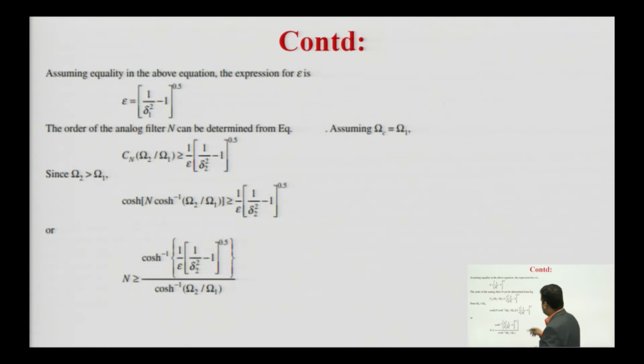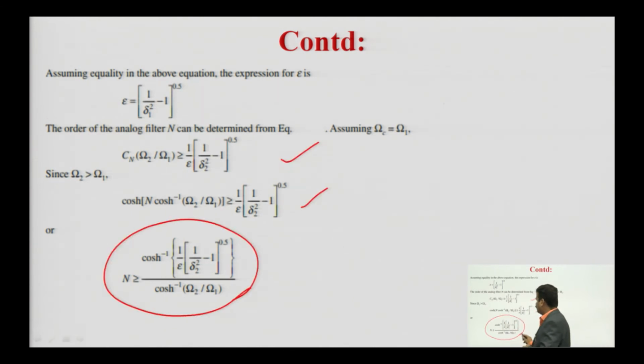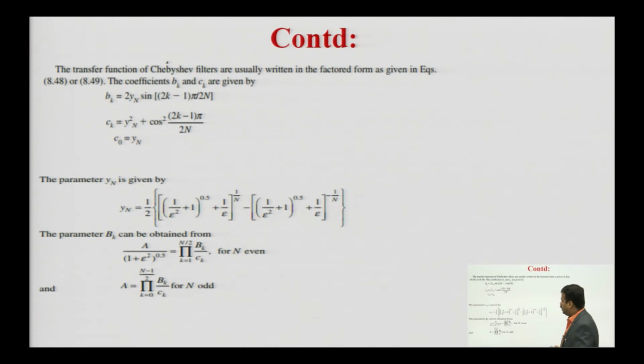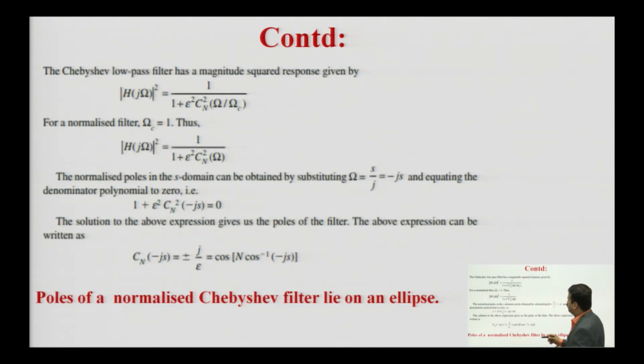Now, this is again the comparison of how you calculate capital N, the order of the filter, using the Chebyshev polynomial value. This is your transfer function, and you can calculate it in terms of your analog 3 dB cutoff frequency and so on, and equate the parameters and values here.